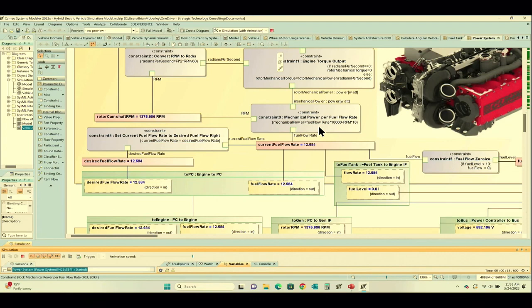So that's multiplying fuel flow rate by 18,000, subtracting the RPMs and multiplying that by 18. That was a matter of doing a few conversions, but we did it with magic numbers. It would be better if we used value properties and explained that a little more, but that's what that is. Out of that we have mechanical power that goes directly into this equation that outputs the torque.